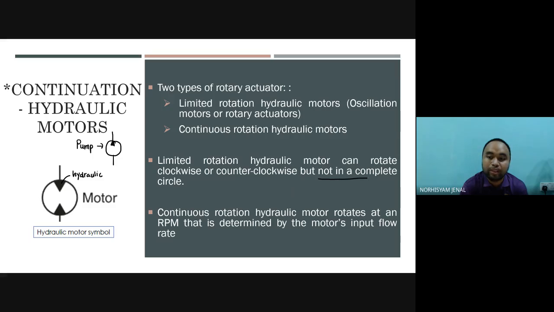However, when we deal with continuous, it means it rotates at an RPM that is determined by the motor's input flow rate. So comparing limited and continuous, one can spin in a complete circle, another one is limited.